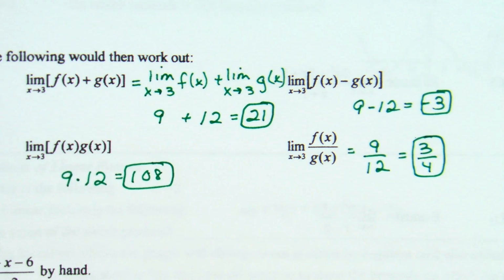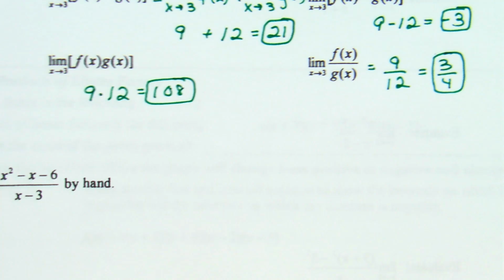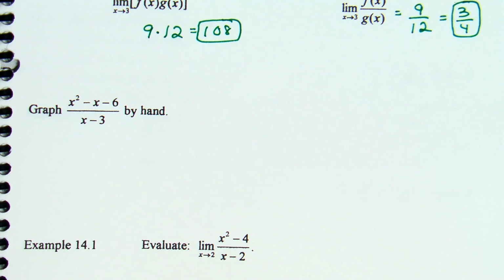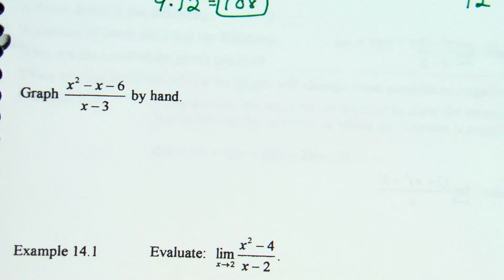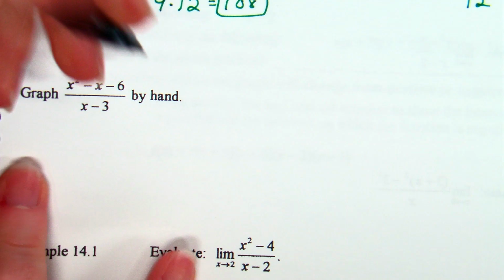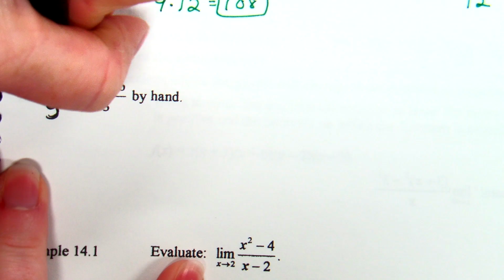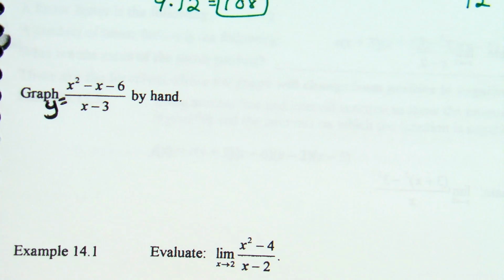Continuing. The next portion asks us to graph this piece by hand. So, without a calculator, off the top of your head, do you know what this graph looks like? By the way, we're missing a y. That should say y equals. Hopefully that's understood, but that's y equals x squared minus x minus 6 over x minus 3.